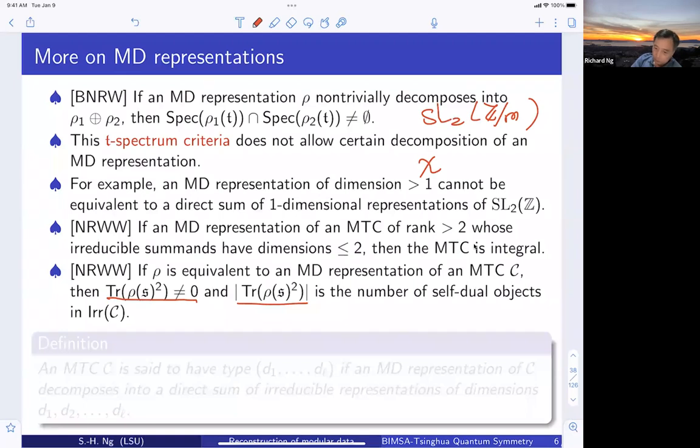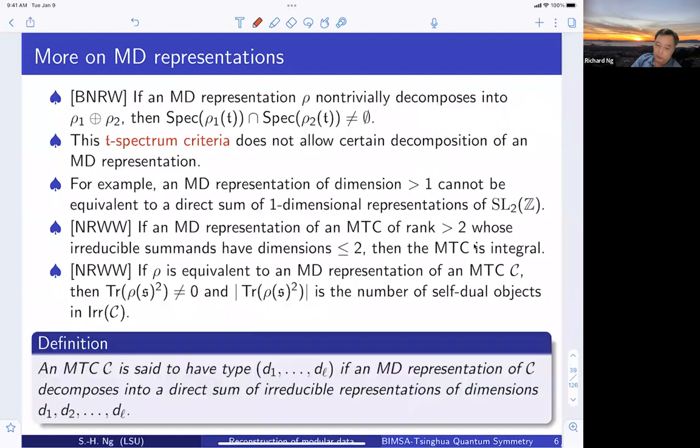So we need to systematically label a modular tensor category in terms of its MD representation. We define the notion of type. Let's say I start with an MTC, and we call it type D1 up to DL if the corresponding MD representation decomposes into a direct sum of irreducible representations of dimensions D1, D2, up to DL.